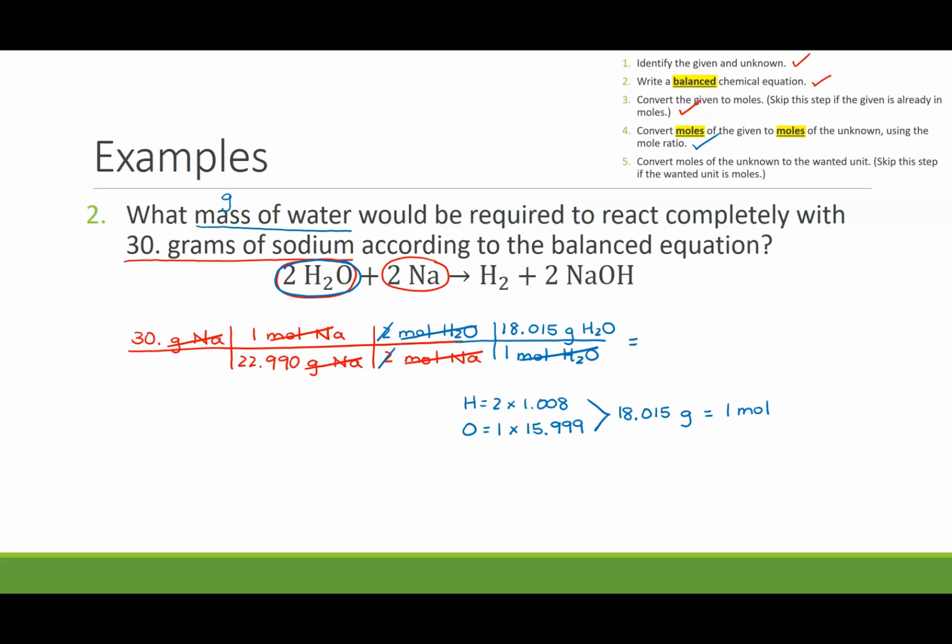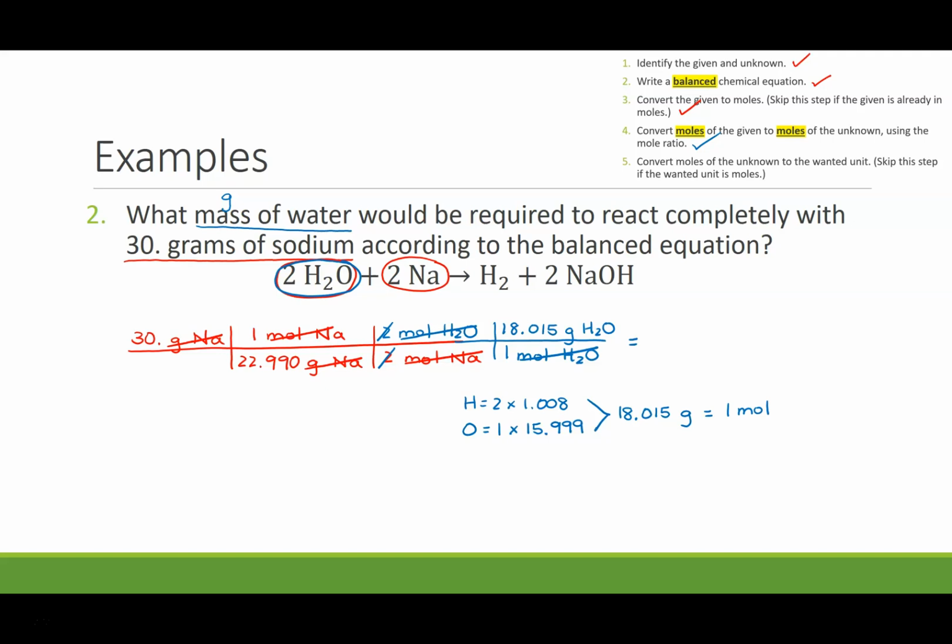Now in the calculator, we will multiply all the numbers on the top and divide by all the numbers on the bottom, ignoring the ones. So 30 times 18.015 divided by 22.990. And this time we have 2 sig figs. Notice that this is different from the last question that we just did.